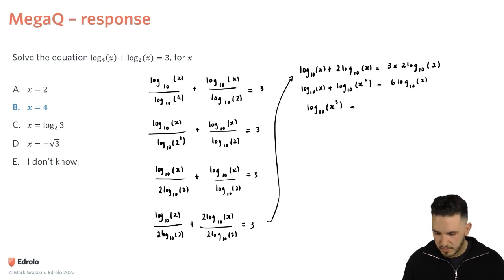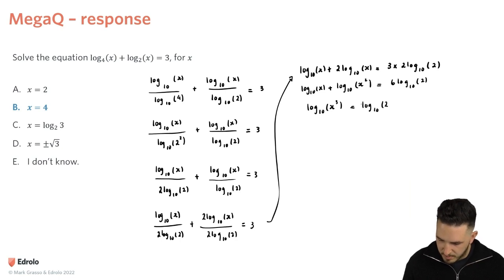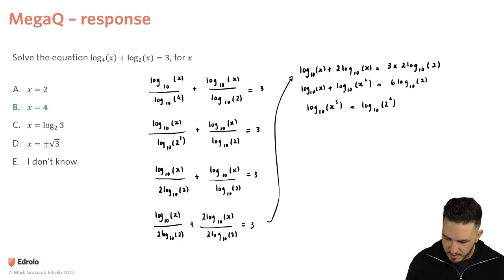So that 6 we can also put back to the power using that base of 2. That can be written as log 10 of 2 to the 6. And because we have log 10 on both sides now, if we use the base of 10 on both sides, we'll notice that becomes 1. So we can disregard the log 10, and we're left with the argument. So x cubed equals 2 to the power of 6.